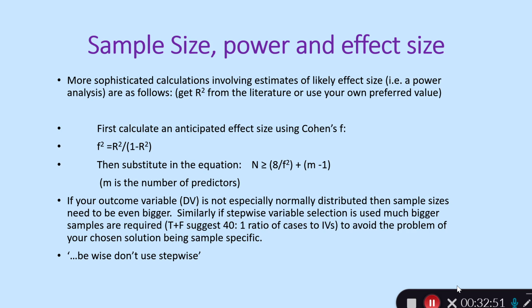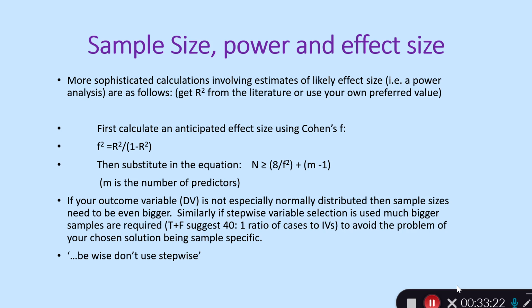So first, calculate an anticipated effect size using Cohen's f squared, and that is the second formula there. So f squared equals R squared divided by 1 minus R squared. In this case, we'd have looked at other articles doing research in a similar area on a similar topic to us, looked at the effect size they're reporting, and we'd have taken that.